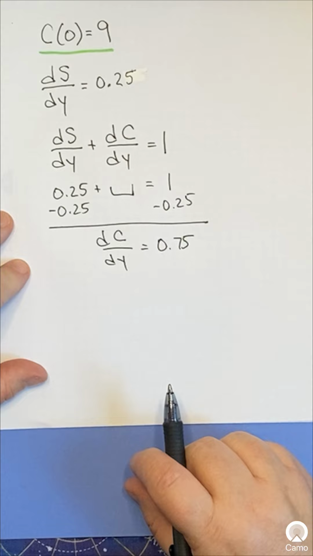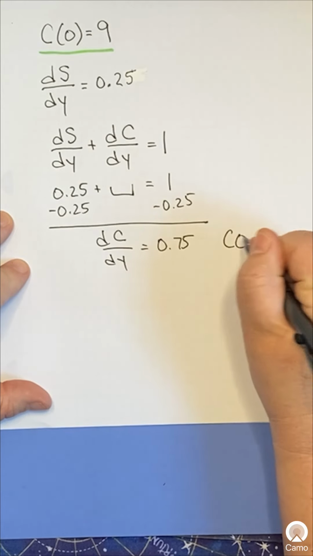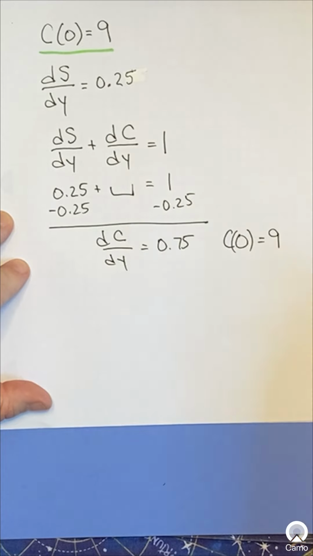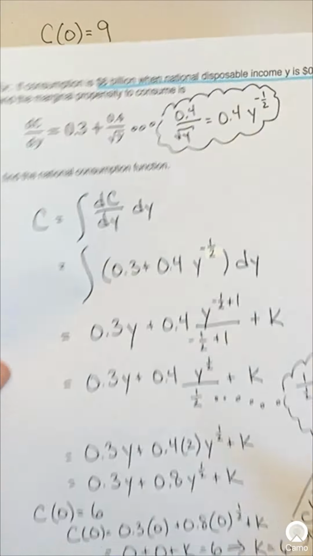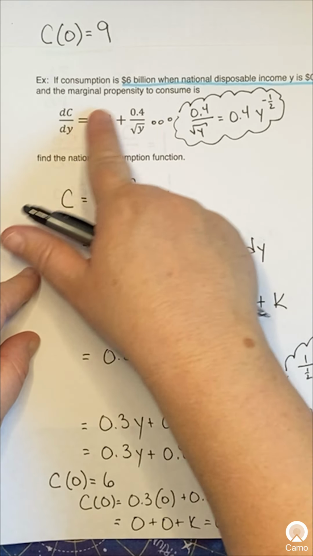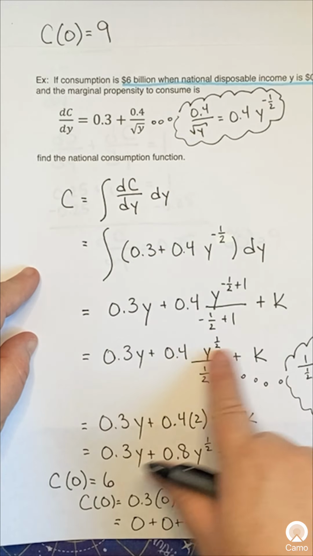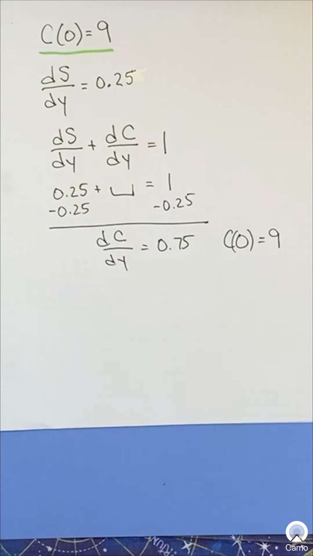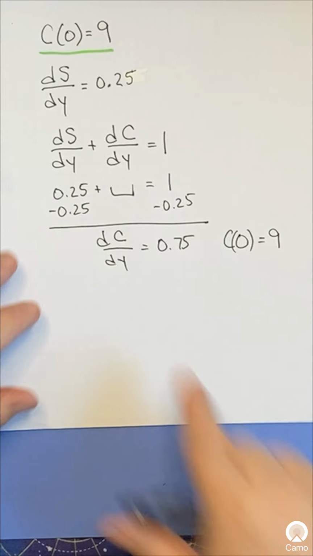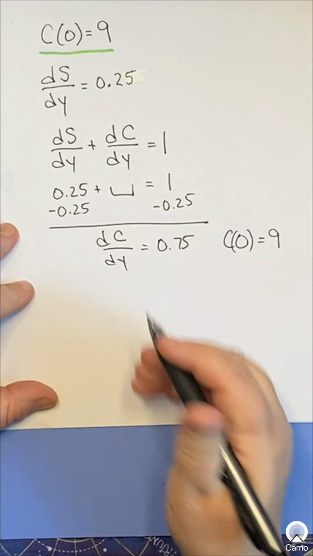Next step. Now we know what dc dy is, and we know C of 0 equals 9. The last one, dc dy, the marginal propensity to consume, was all over the place. This is a much simpler one. It seems that the marginal propensity to consume is fixed at 75%.